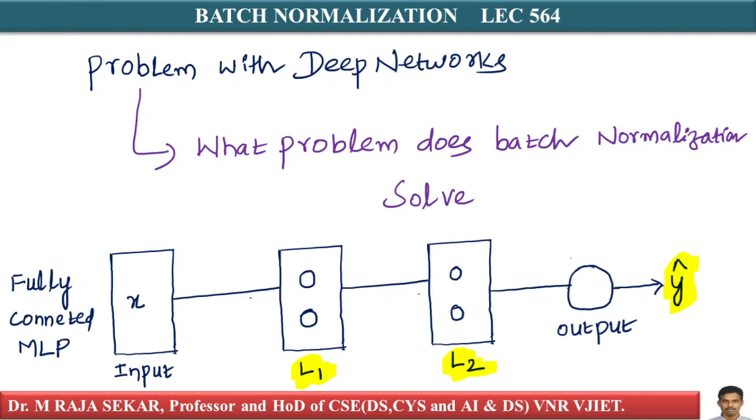Instead of drawing the big diagram, I'm drawing a shorter diagram. If you go through my previous lectures, we used to draw big diagrams. Instead, I'm just drawing this simple diagram. Let's assume this is a fully connected multi-layer perceptron.